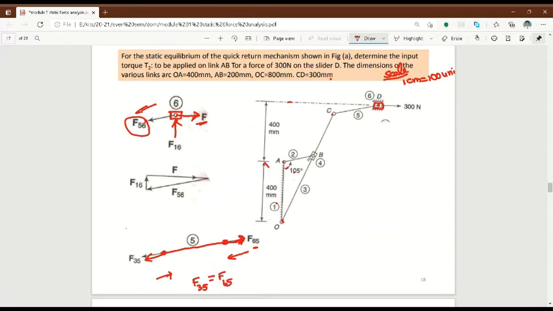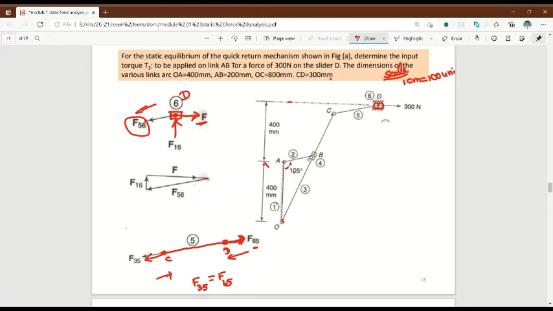And this F65 is acting on point D. So we will go to this diagram. This is point D. In point D, one more force, F65, is acting.